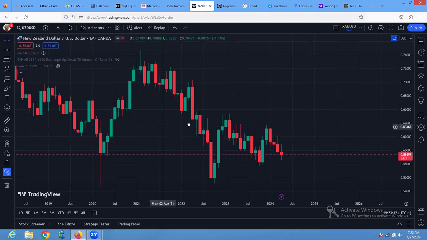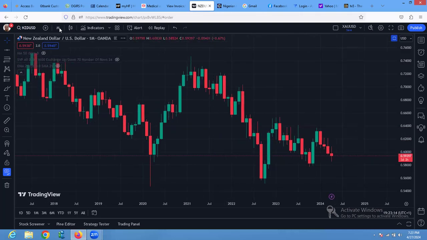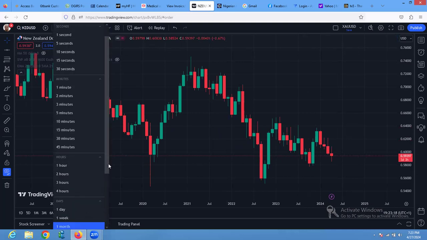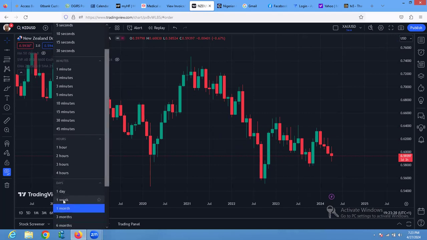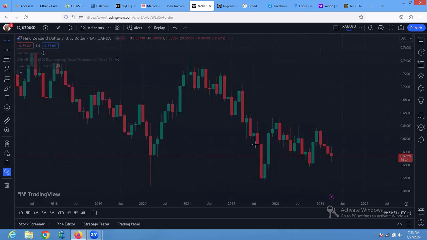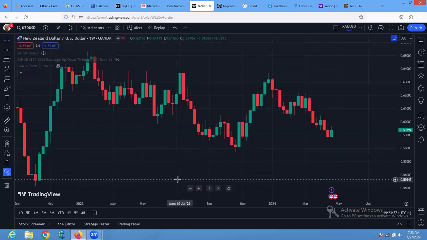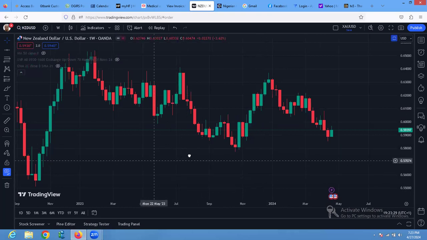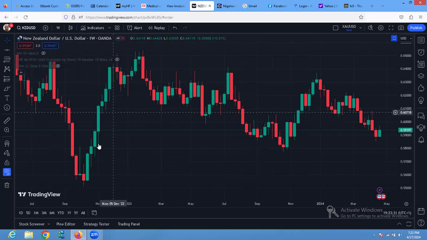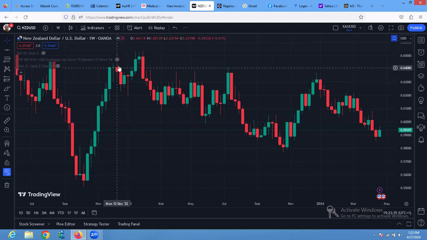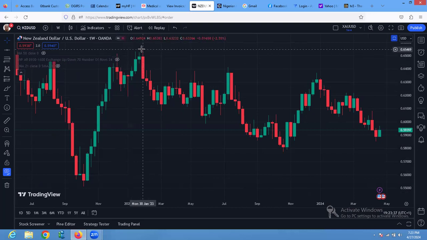So if I go to the weekly time frame on NZD/USD, you are at a point where you can actually take advantage of this market. So this is what we have again. This is the first wave A. It looks like a 1-2 here, a 4 and a 5 to finish this.